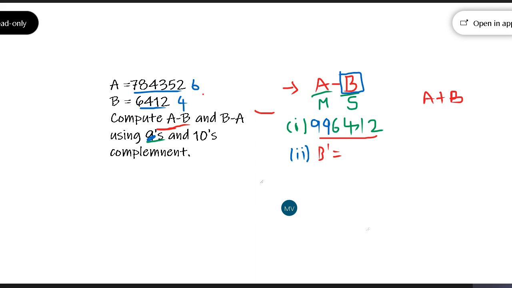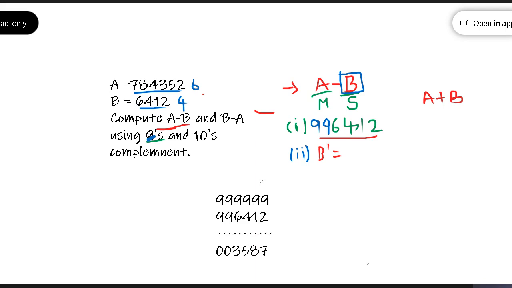So what do you get? 0, 0, 3, 5, 8, 7. So this is the value. You get it?